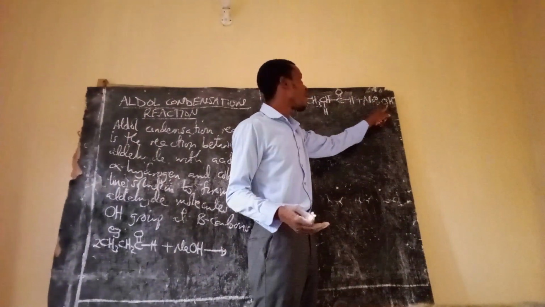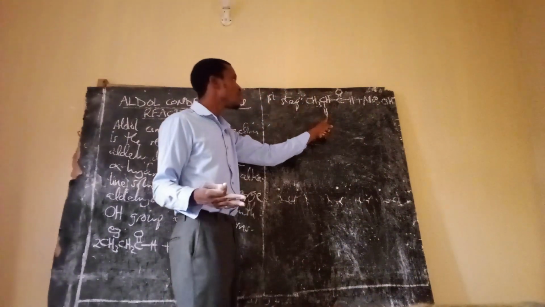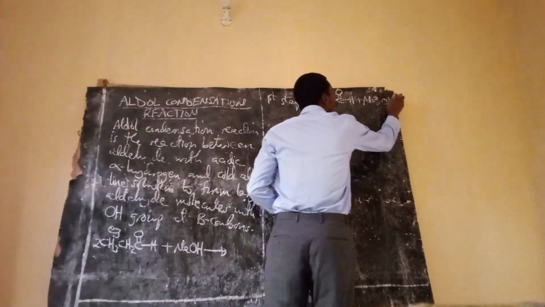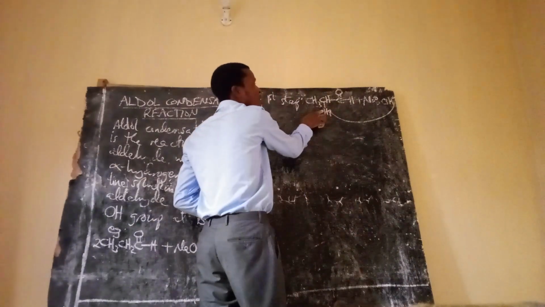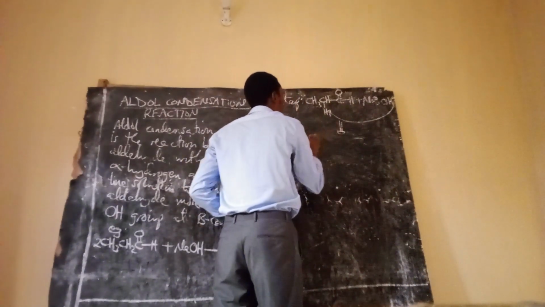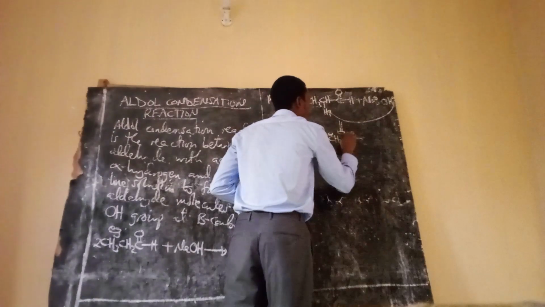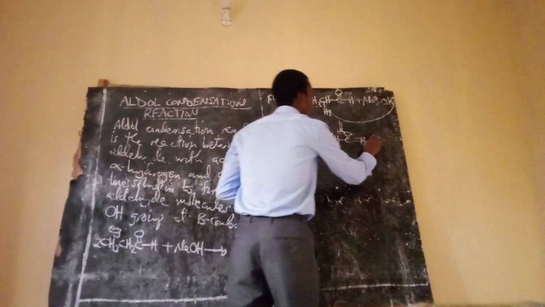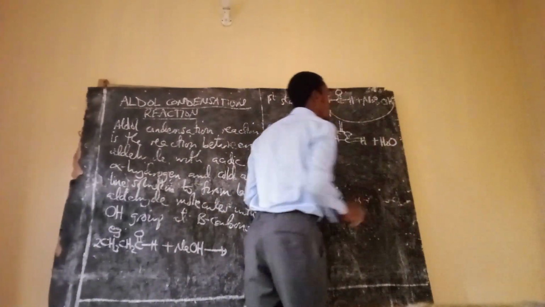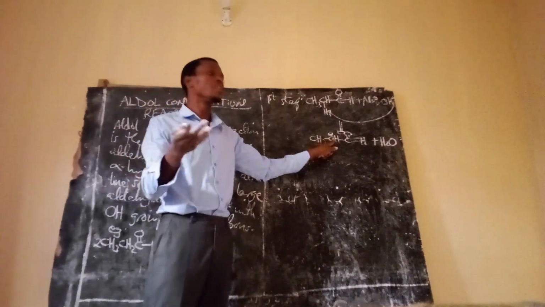The hydroxide ion attacks one of the acidic alpha hydrogens to form the enolate ion, which is negatively charged, and water is formed.